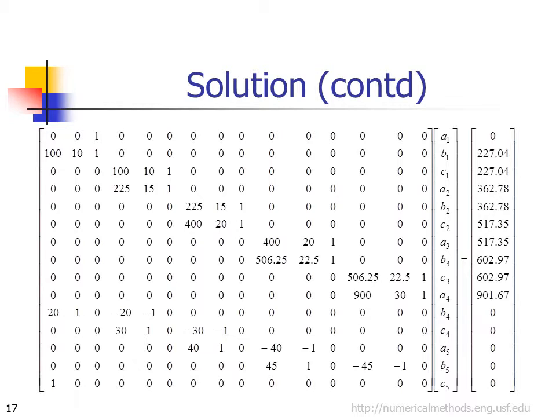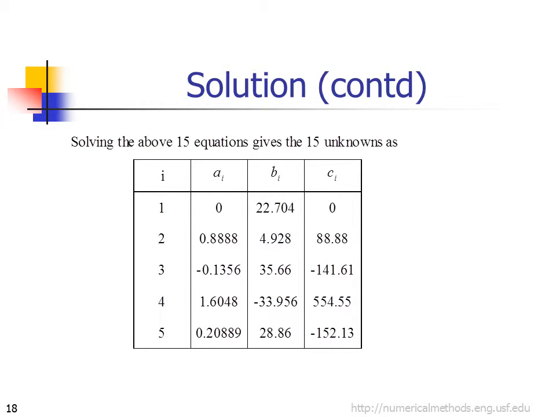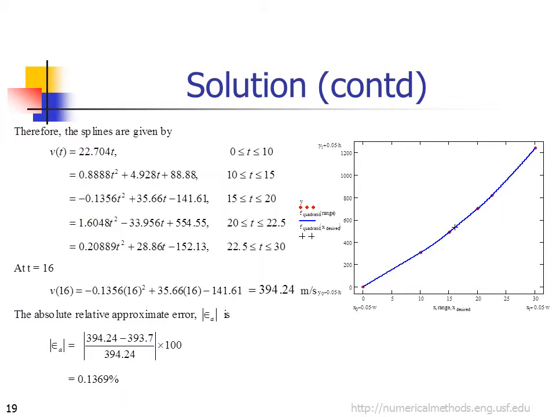So by solving this matrix, I obtain the values of the unknown a's, b's and c's. I will put these values in the spline equation, and then use my equation to interpolate the value at 16. Now here is the catch. I see that my unknown value lies between 15 and 20, so I will use spline number 3 to find my interpolation.